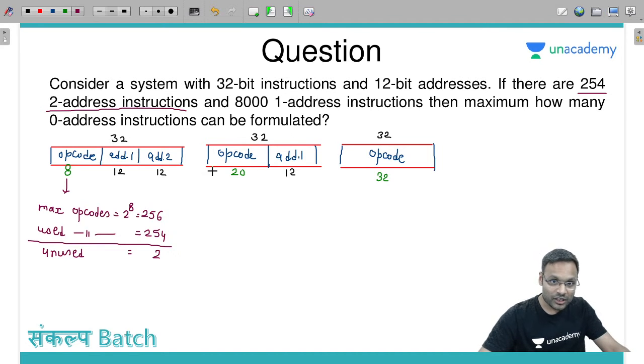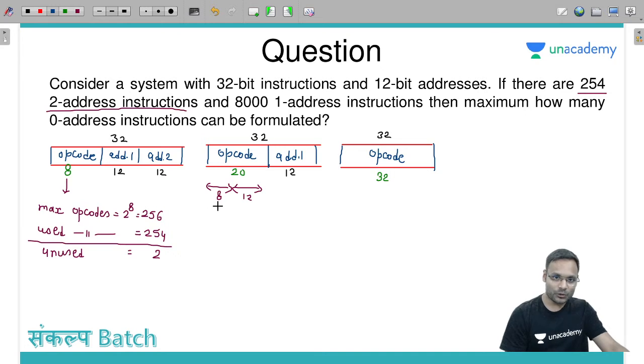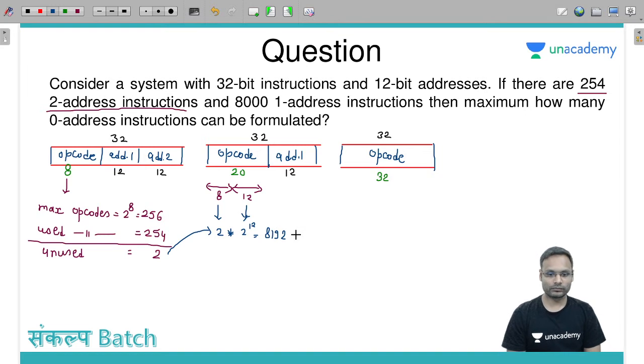For the one address type instruction, the opcode I'll have to divide into two parts. Previous level opcode bits are 8, so the first part will have 8 bits and the remaining part will have 12 bits. Now, using these 8 bits, unused combinations are 2 into 2 power 12, which is 8192.